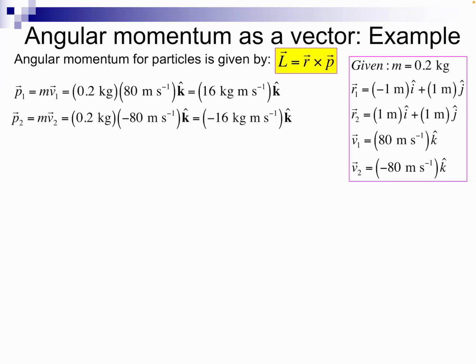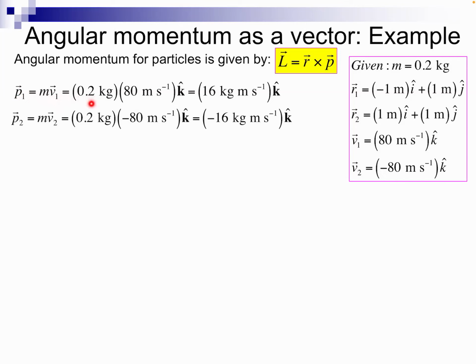Okay, so we're given the mass, the r vectors, the position vectors for each of the balls, and the linear velocity vector. So it's only one k component. Given the mass and the linear velocity, we can find the linear momentum. Linear momentum is mass times linear velocity.